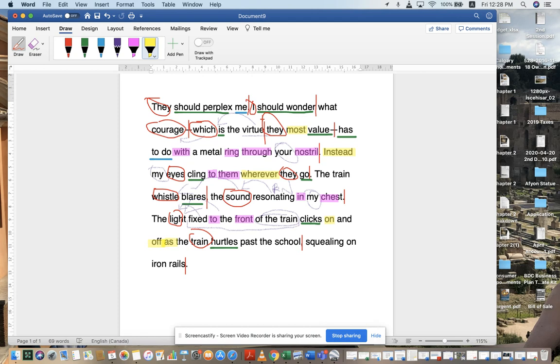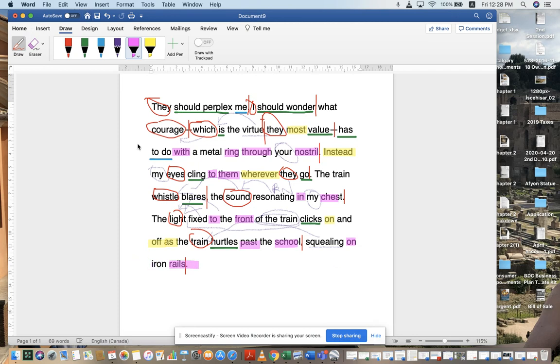Okay, as the train hurtles where? Past the school. And another participle, squealing, okay, right there, train, squealing, predicate nominative, on rails, and the rails, adjective, made of iron.